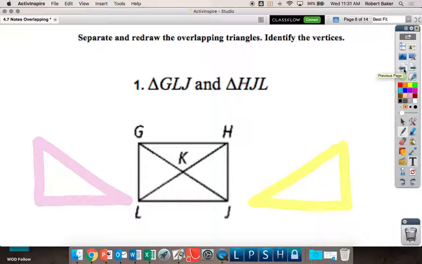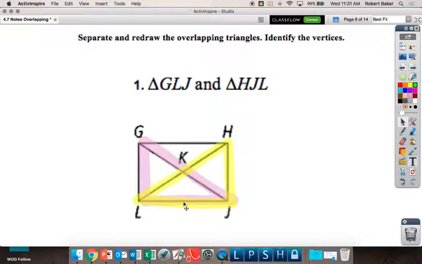Okay, my question to you, what do they share? They're both triangles. If I uncopied and pasted it, they share a line segment. They share line segment LJ. That's what they share.